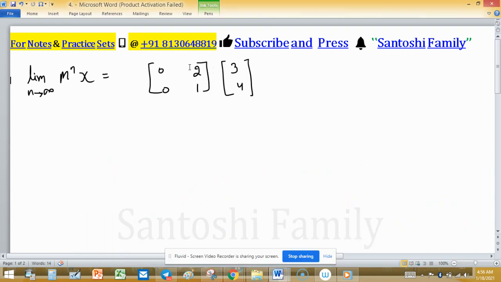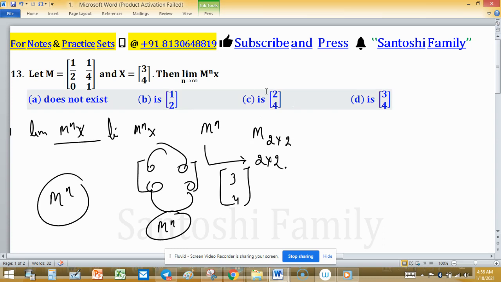So take half here, it is half into this column matrix, so the result will be 1 upon 2 into 4, it is 2, and this one is 4, so 2 4. This column vector is our answer. Now check which option is giving 2 4. Option C is giving column vector 2 4, so option C is our right choice.